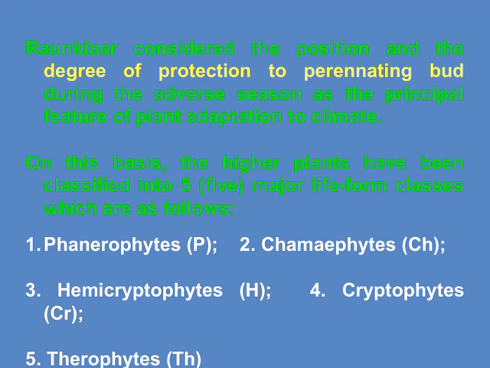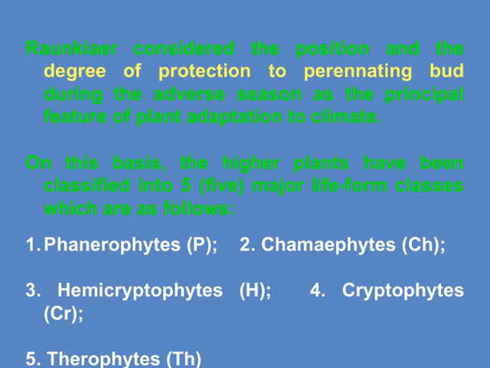The first one is the phanerophytes, or P, which are plants with buds located high above the ground, often on trees or tall shrubs. Next, we have the chamaephytes, or CH, where buds are close to the ground but still above the soil's surface, like small shrubs. Then there are the hemicryptophytes, H, with buds at soil level, typically protected by litter or snow.